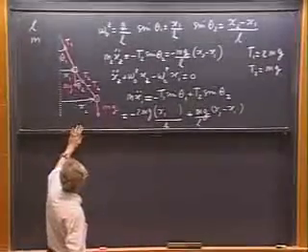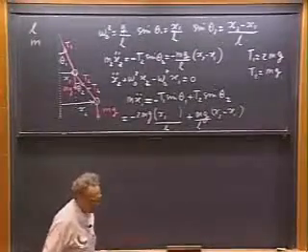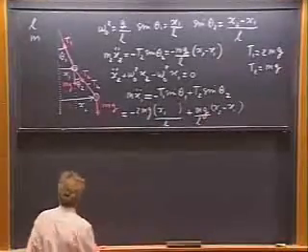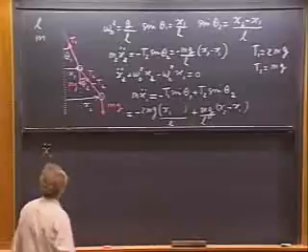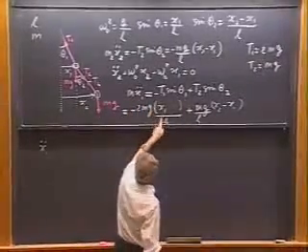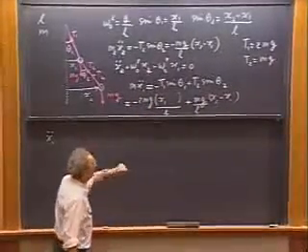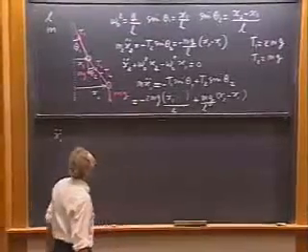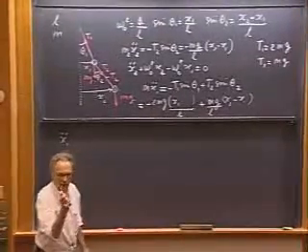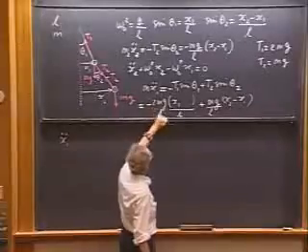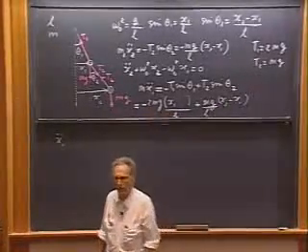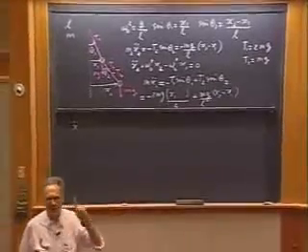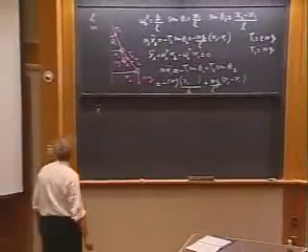And I'm going to divide by m, and I'm going to use my shorthand notation. And when I do that, I will come out here, x1 double dot. Here the m goes. g over L becomes omega 0 squared. But now look closely. There is here a 2 times x1, and here there is a 1 times x1. And both have a minus sign. So when they come out, I get 3 omega 0 squared.